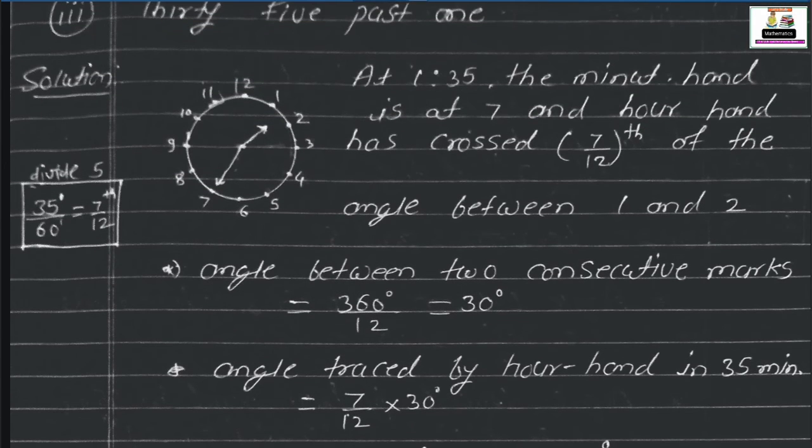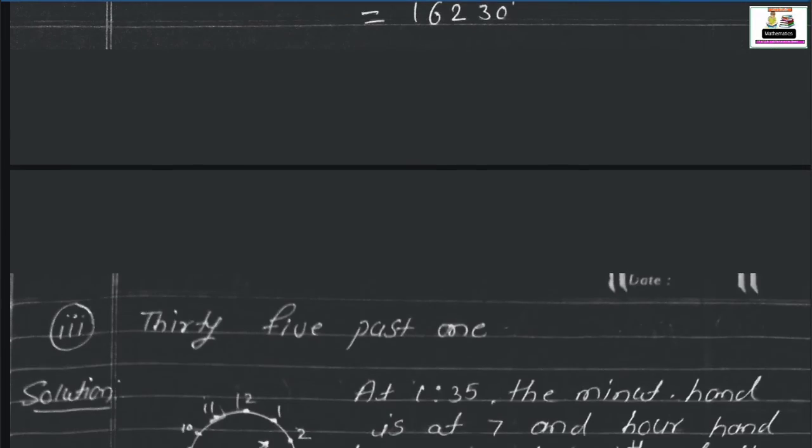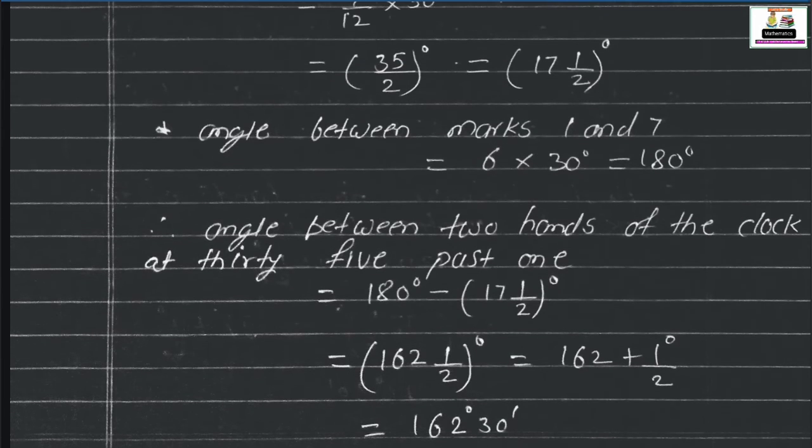The angle between marks 1 and 7 is how many parts? 1, 2, 3, 4, 5 and 6. Then 6 into 30 is 180 degrees. This is the angle between 1 and 7.